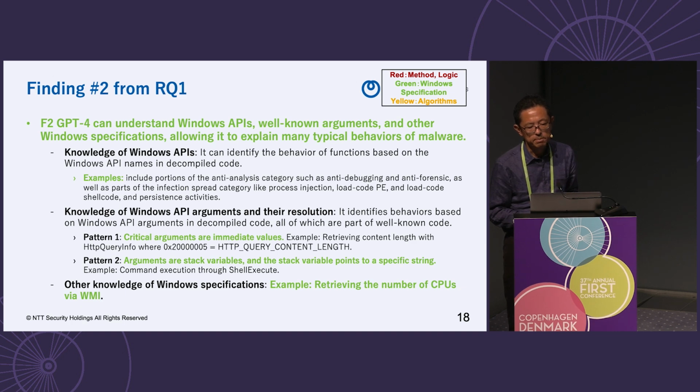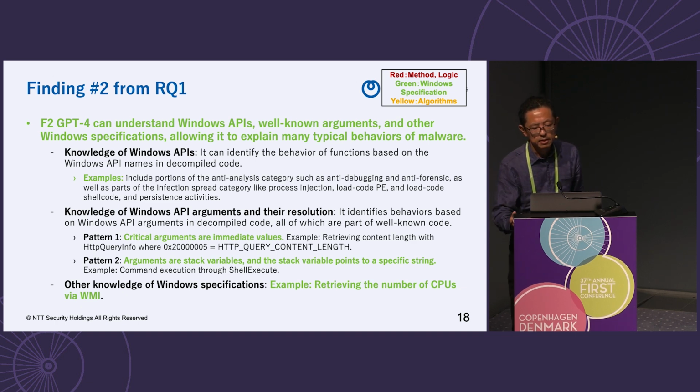The first is knowledge of Windows APIs. It helps identify behavior just from API names in the decompiled code. This includes typical techniques like anti-debugging, anti-forensics, process injection, shellcode loading, and persistent mechanisms.